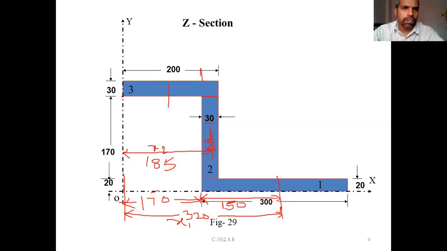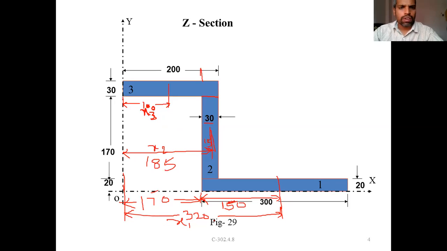So from here to here it is 200, and 200 by 2 is nothing but 100 mm. So x3 is equal to 100 mm.